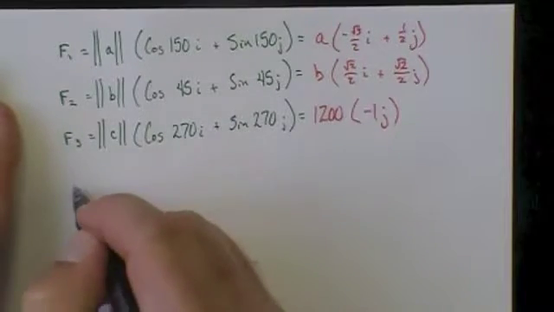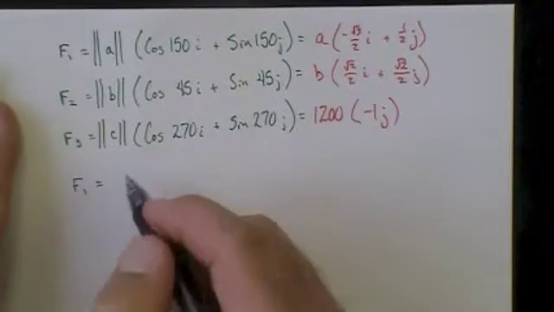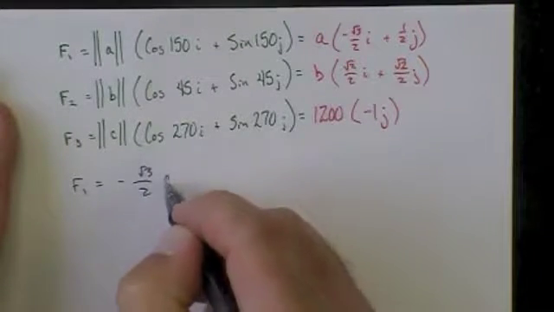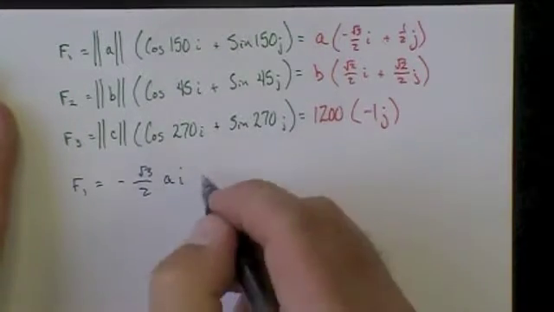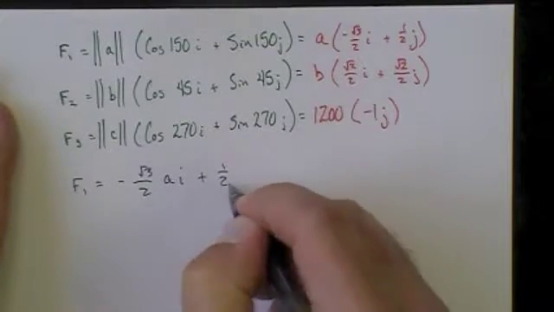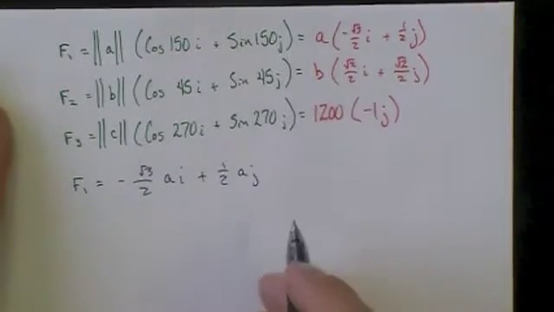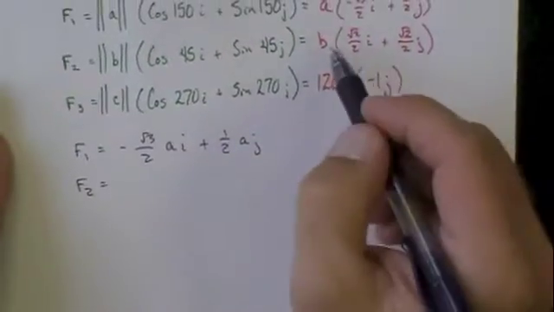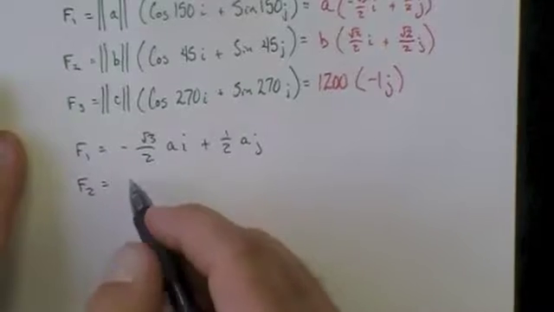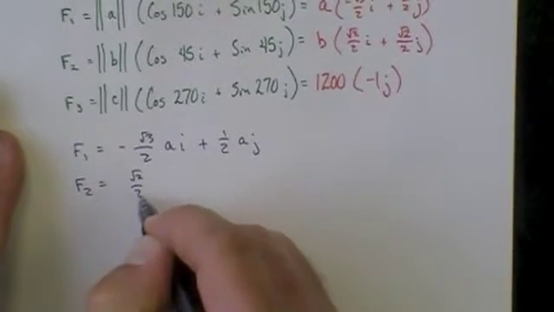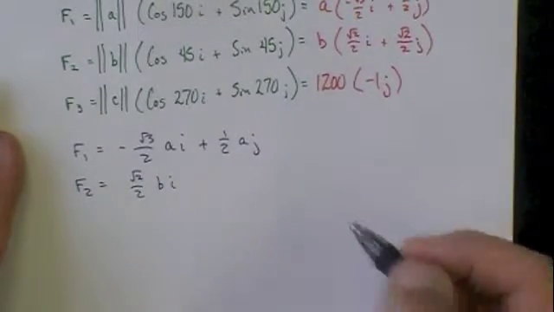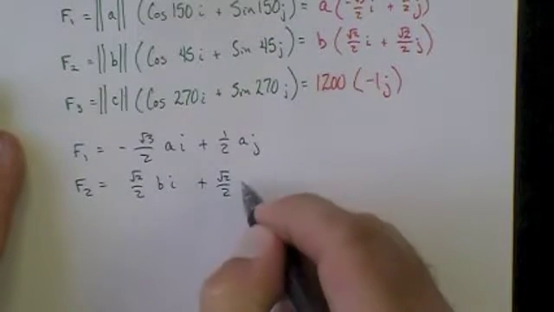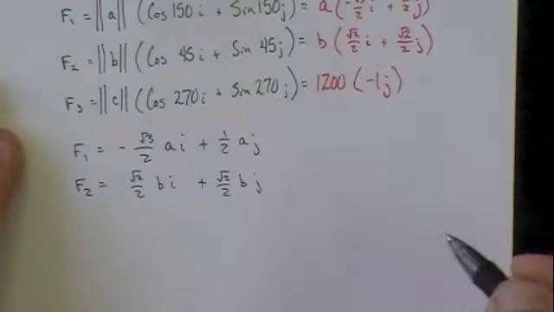So now if we were to take these same values, and let's go ahead and distribute our a. What we end up with then for force 1 is negative square root of 3 over 2 a i, and then 1/2 a j. And then for force 2, I'm distributing that b value, so now we're going to end up with square root of 2 over 2 b i, and then we have square root of 2 over 2 times b for our j component.